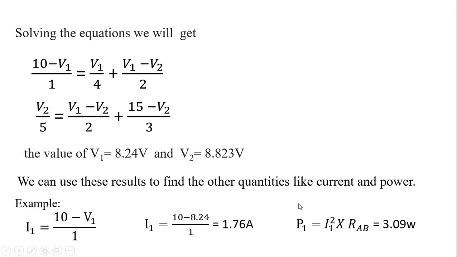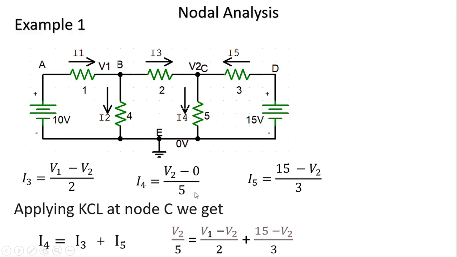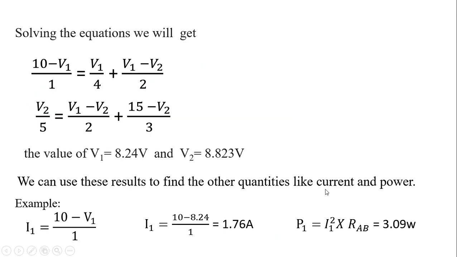The power P is equal to VI, I squared R, or V squared by R. There are varieties of formulas to calculate the power delivered to a specific component. The power delivered to the 1 ohm resistor is the current through it squared times RAB, the resistance between A and B, which is 1 ohm. So we get 3.09, and the unit of power is watt.